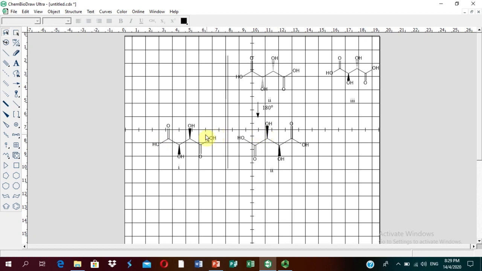So you just get non-superimposable. So structure number 1 and 2 is a pair of enantiomers.